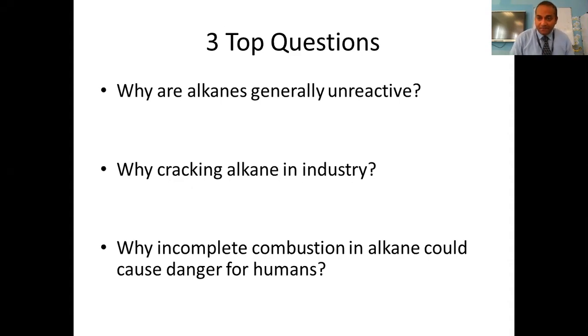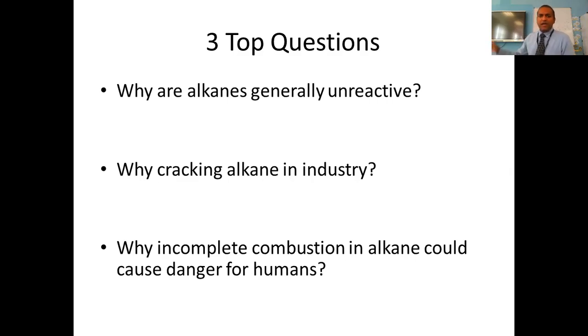So I'm going to end my lesson for today. I will leave our class with 3 top questions as usual. My first question, why are alkanes generally unreactive? As we can see, the only reactions it goes through are combustion and substitution, and substitution requires ultraviolet light.